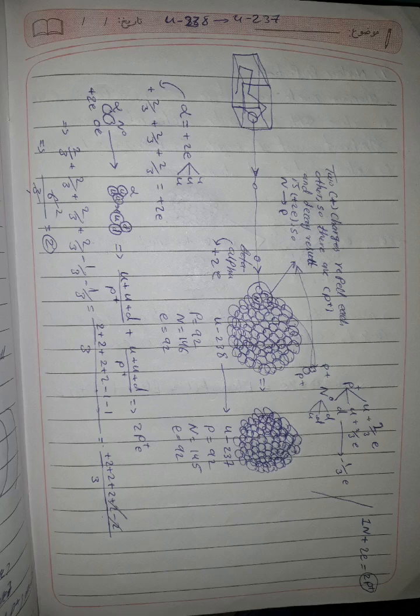The charge of 1 up quark is positive 2/3, and as I have mentioned previously, a proton has 2 up quarks, so positive 2/3 plus positive 2/3, and 1 down quark, which has a charge of negative 1/3. So positive 2/3, positive 2/3, and negative 1/3 equals positive 1. So this is the reason that the proton charge is positive 1.